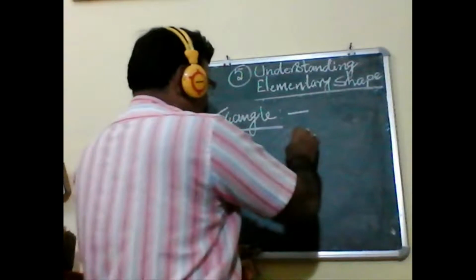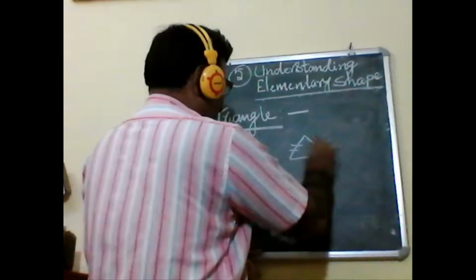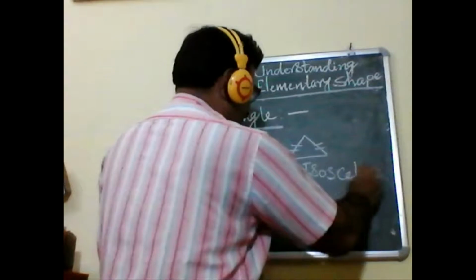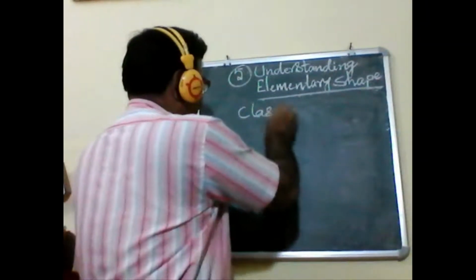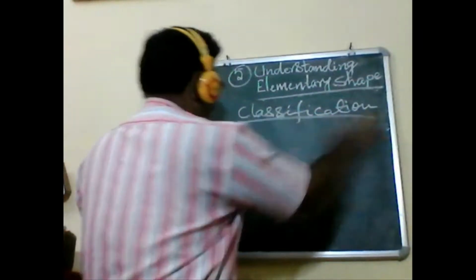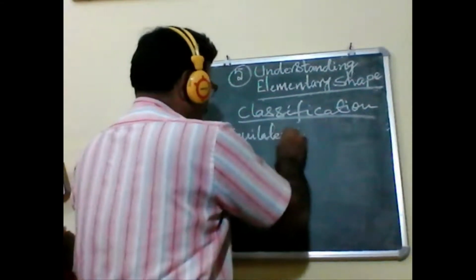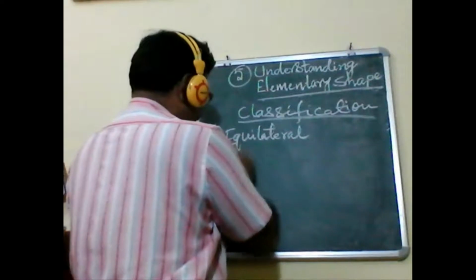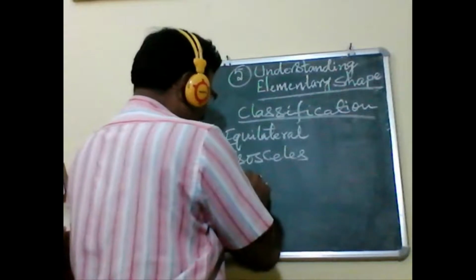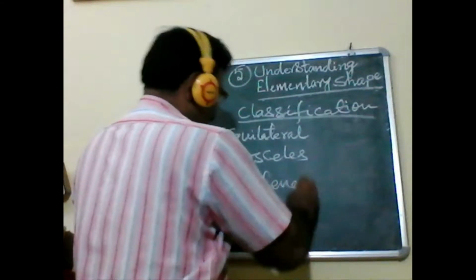If 2 sides are equal to each other, this is called an isosceles triangle. So we classified the following: first is the equilateral, second is the isosceles triangle, and third is the scalene triangle.